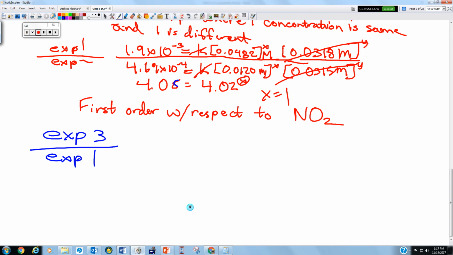So this divided by this gave me 4.05. This divided by this gave me 4.02. All right? Because experiment 3's rate is larger than experiment 1.